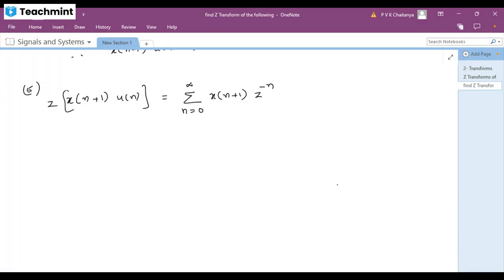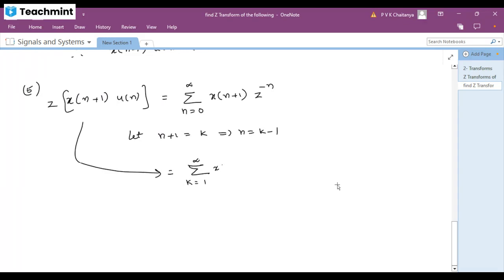So as in the previous case, I'll suppose n plus 1 is equal to k, that is n is equal to k minus 1. So therefore I can write the z transform as sigma k is equal to, so if n is 0, k becomes 1. So if n is equal to infinity, k is infinity, x of k z power minus k minus 1.